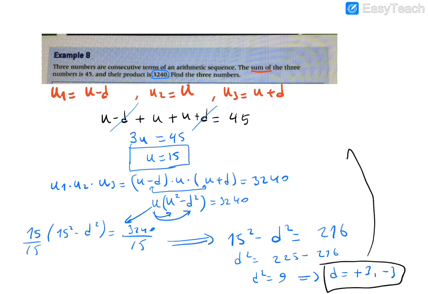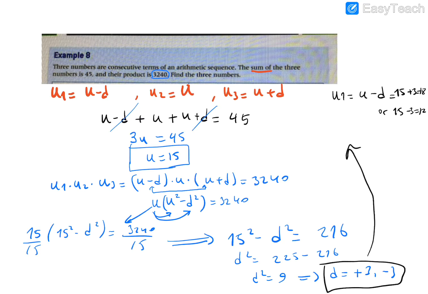Okay, so my u1 was u minus d, which is going to be 15 minus 3, which is 12, or 15 plus 3, 18. That's your first number.